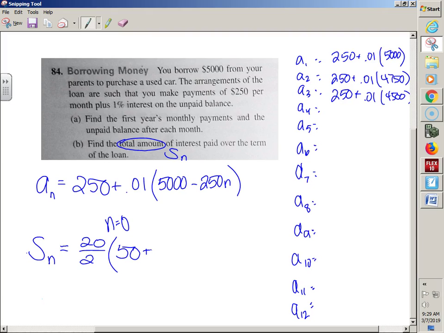No, not that last month. $5,000 puts you back at the very beginning. I know you guys haven't had to pay a lot of bills or pay off a lot of loans. If your A sub 20 paid off your entire loan, what was the bill? What was the statement balance you had to pay on that 20th month?